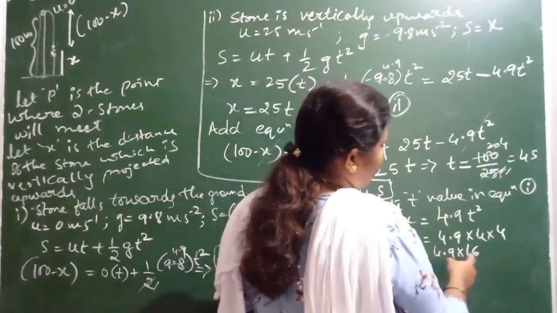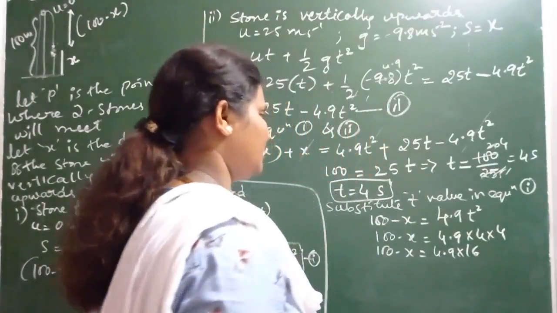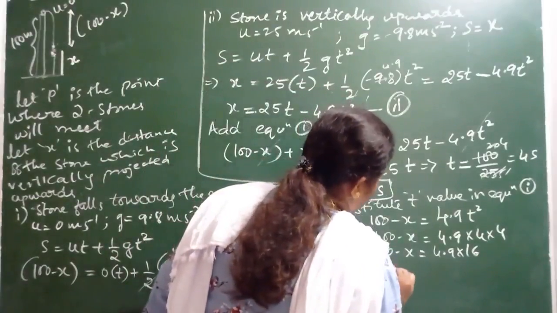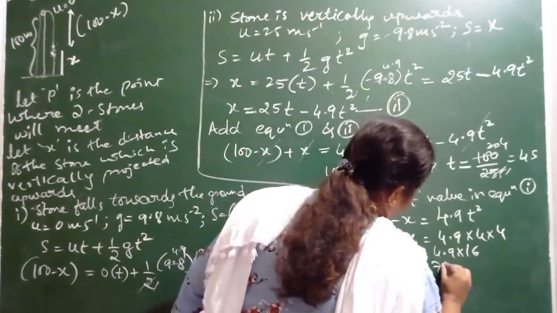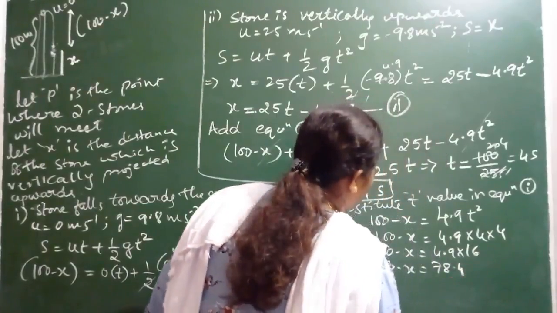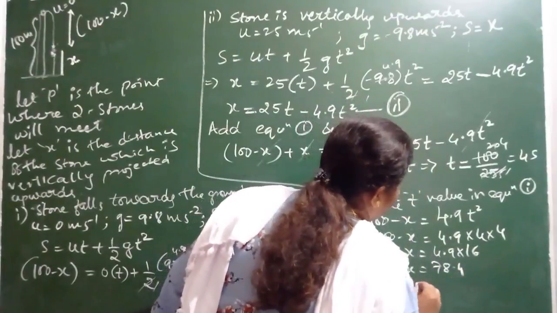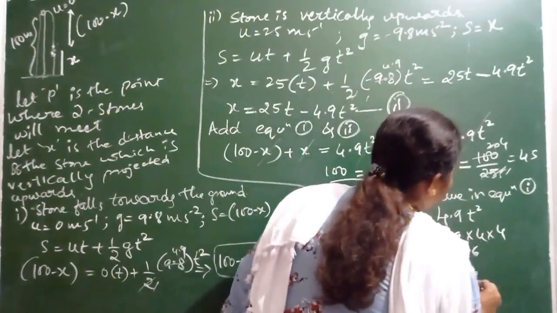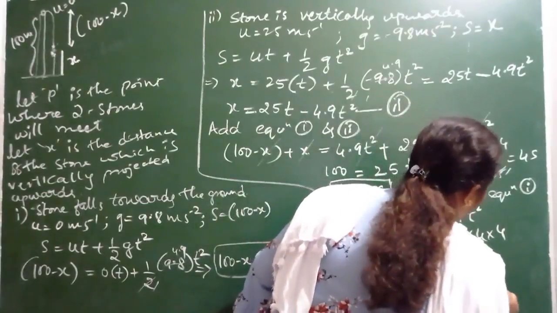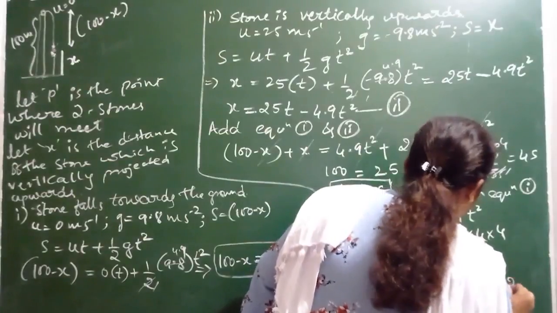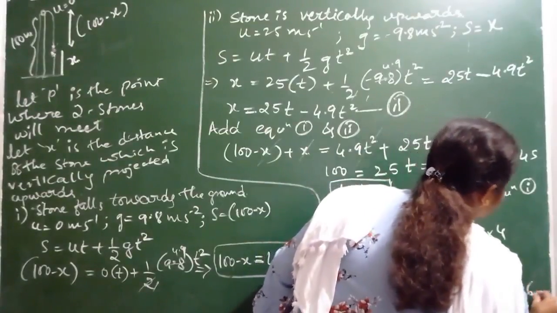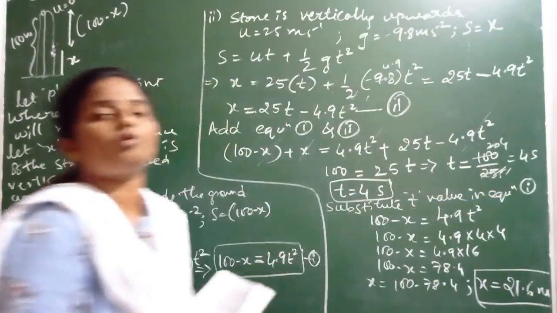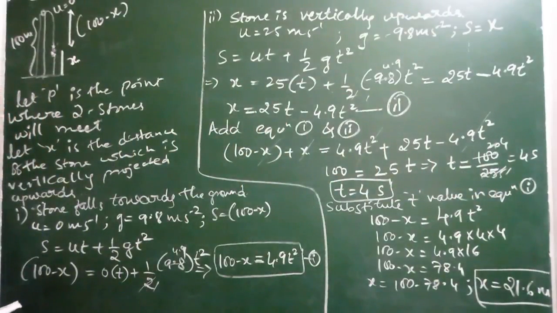Now, 4.9 into 16 is nothing but 78.4. So, 100 minus x is equal to 78.4. Then x is equal to 100 minus 78.4, or x is equal to, what is that? 21.6 meter. So, what is the x value children? 21.6 meter nearly we will get.